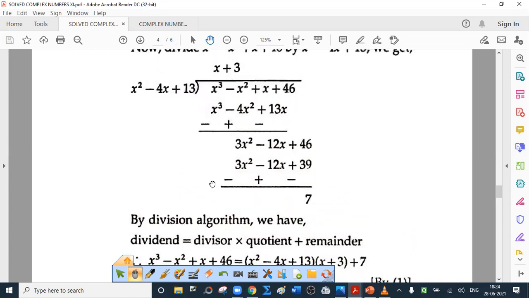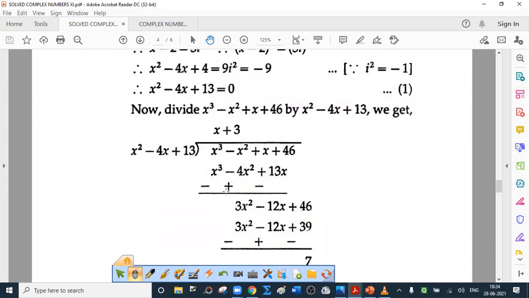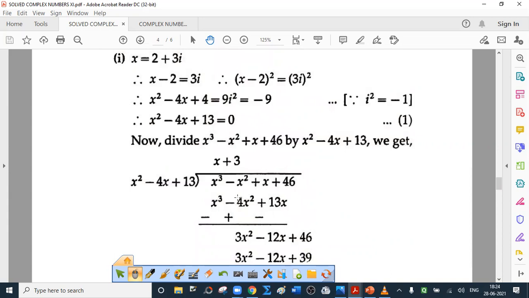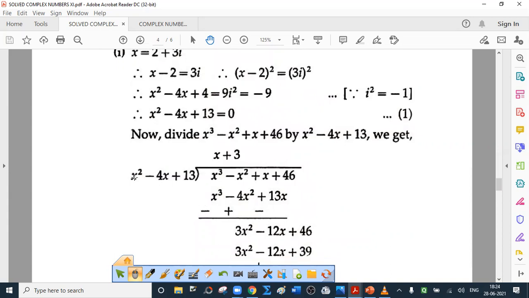Now here I know you will not ask, but a question can be asked. See, this is 0, right? So you may ask me, how can we divide by 0? The answer for the question you haven't asked is I'm not going to write x square minus 4x plus 13 in the denominator. Writing 0 in the denominator is not allowed.